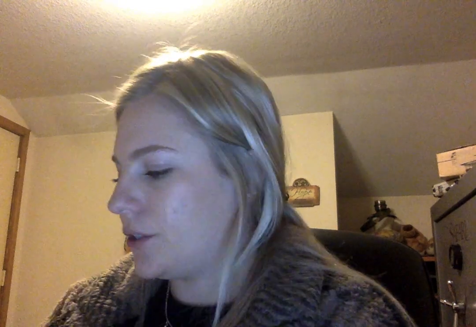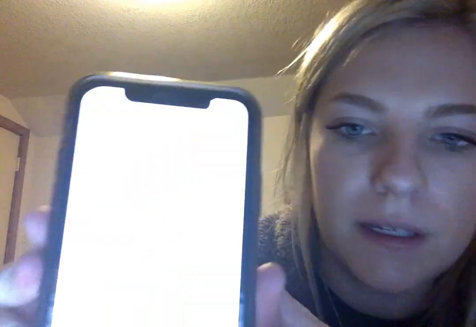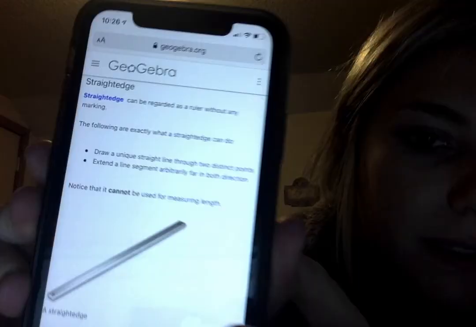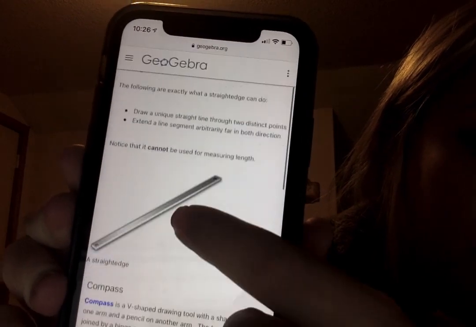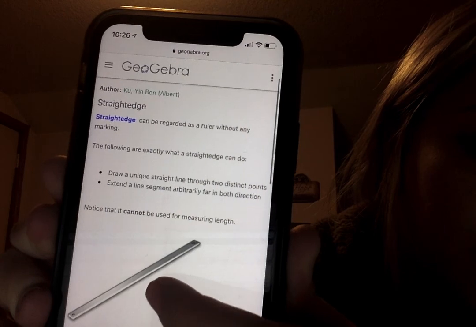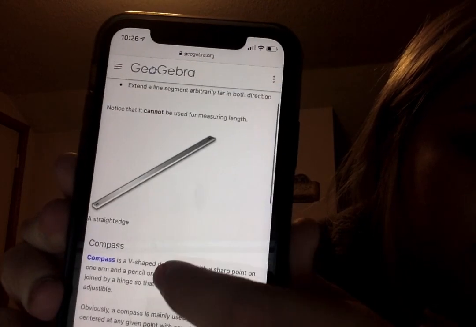For the technology portion of this, I have a website that I found. So this website has different math tools on it, which is really cool, and it just gives definitions of the different tools.